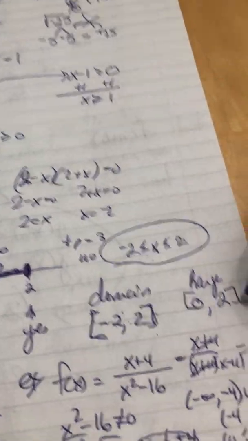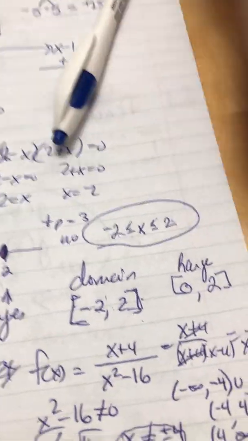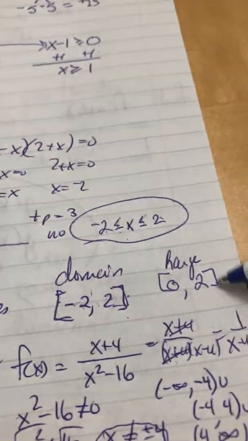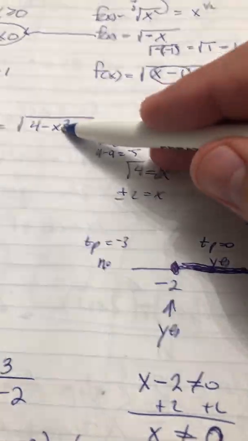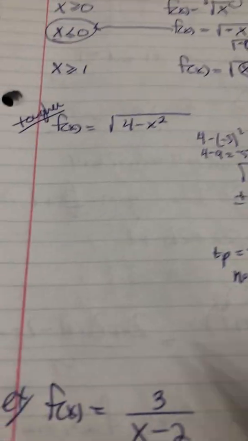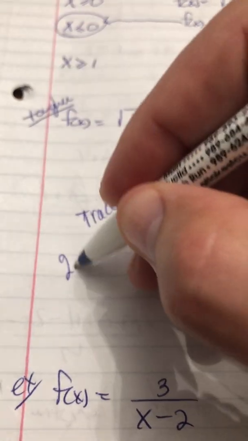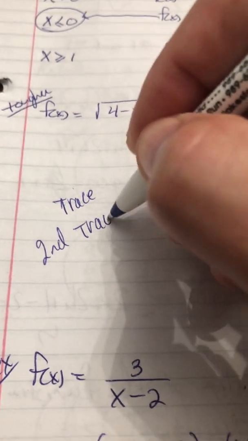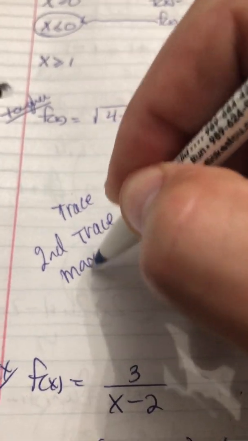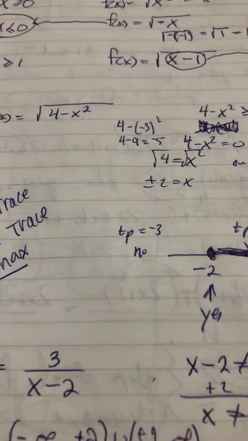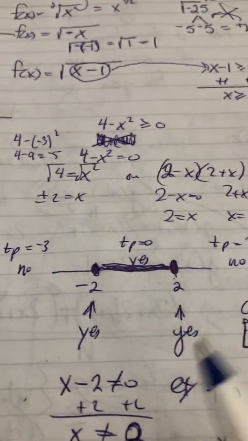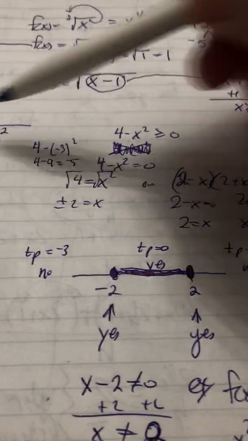On your graphing calculator, what you'd need to do is go to your y equals and type that function in. You have a trace key, and if you hit the second button and the trace, you're going to go to maximum, and you can find the high point. You already know what the low points are by plugging in negative 2 and 2 into your function.